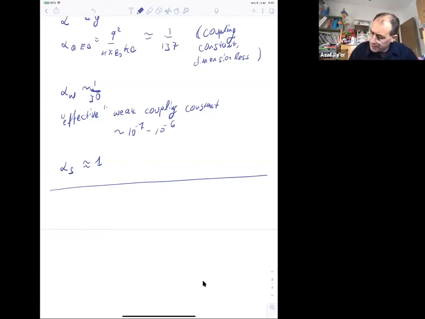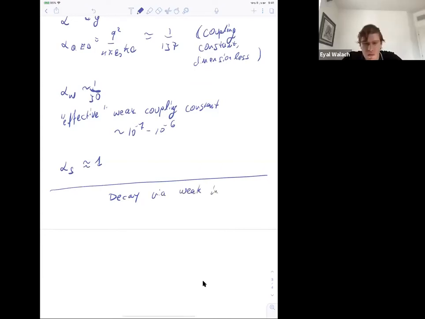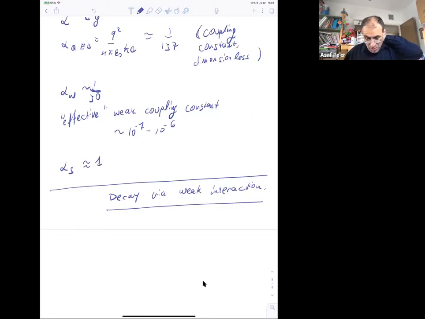So decays. Really, it's a decay via the weak interaction. I told you that nearly all the particles that we see and know of are actually not stable.